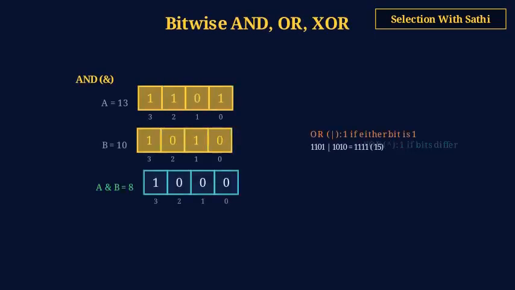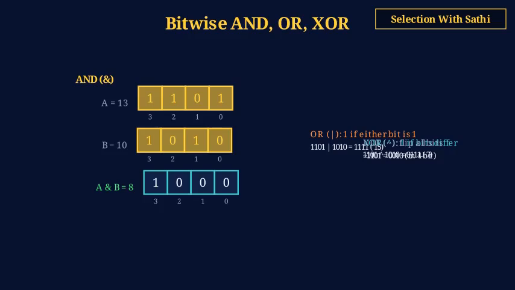Look at lines 3 through 5. We have a equals 12, binary 1100, and b equals 10, binary 1010. AND: 1100 AND 1010 gives 1000, which is 8. A bit is 1 in the result only if both input bits are 1.